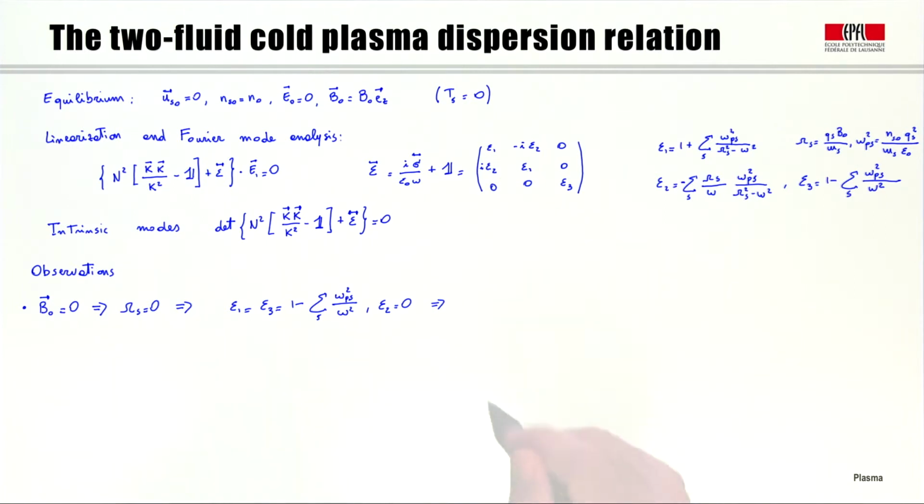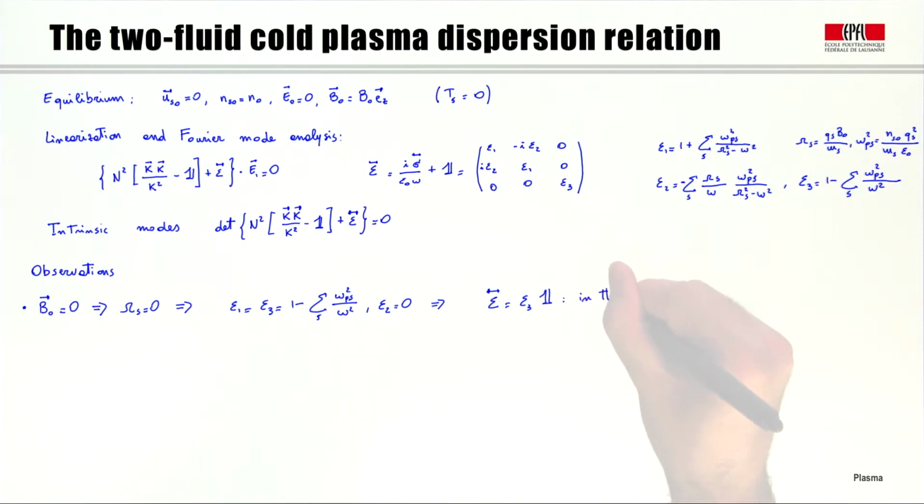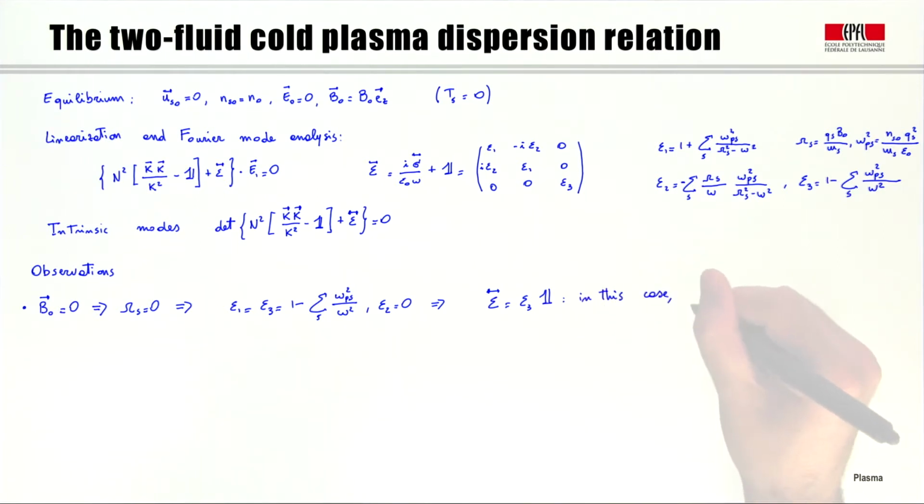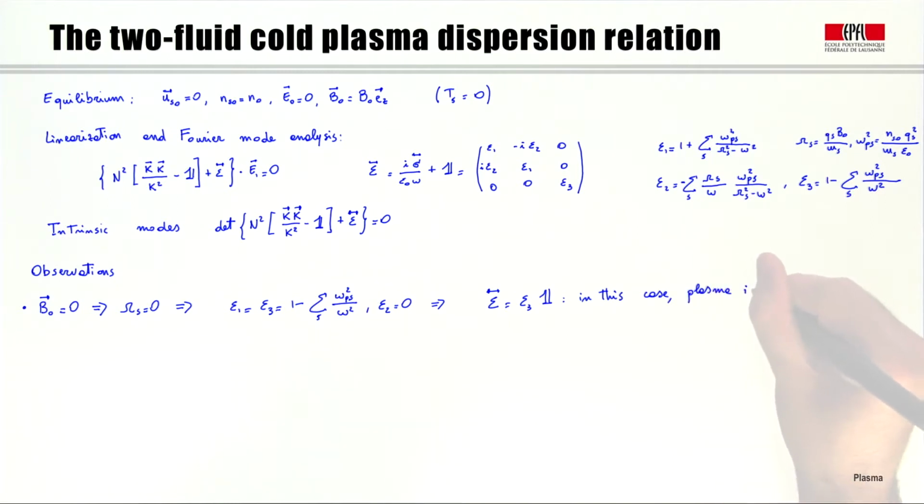Well, the off-diagonal terms of epsilon therefore are equal to 0, and epsilon 1 becomes equal to epsilon 3, it means that epsilon is equal to epsilon 3 times the identity dyad. In this case, plasma is an isotropic medium.